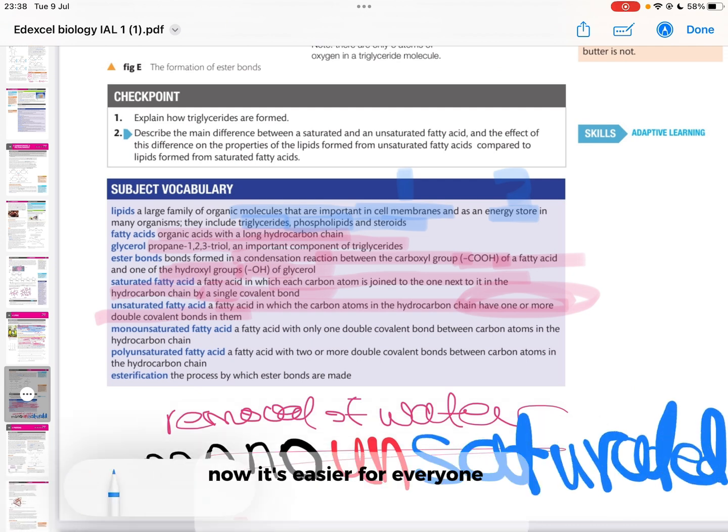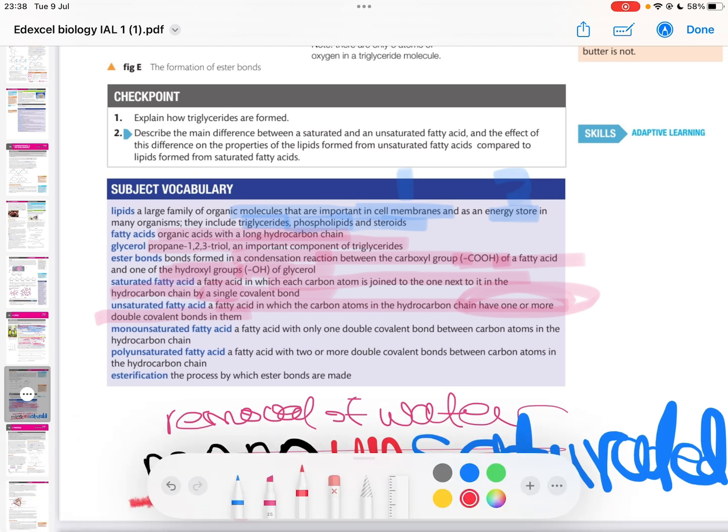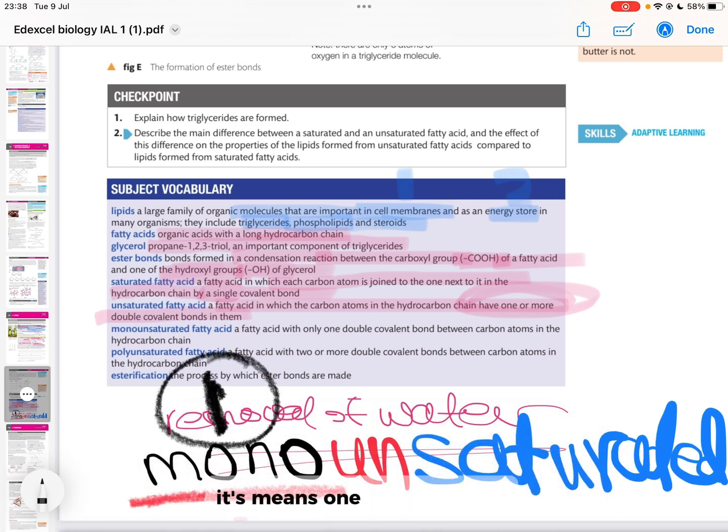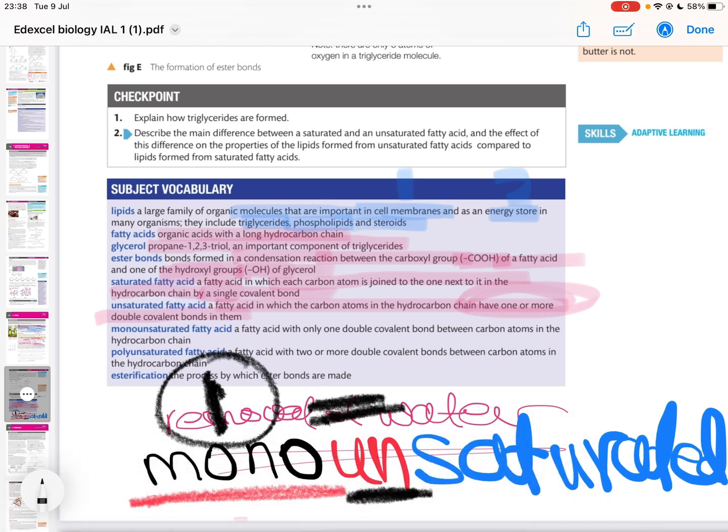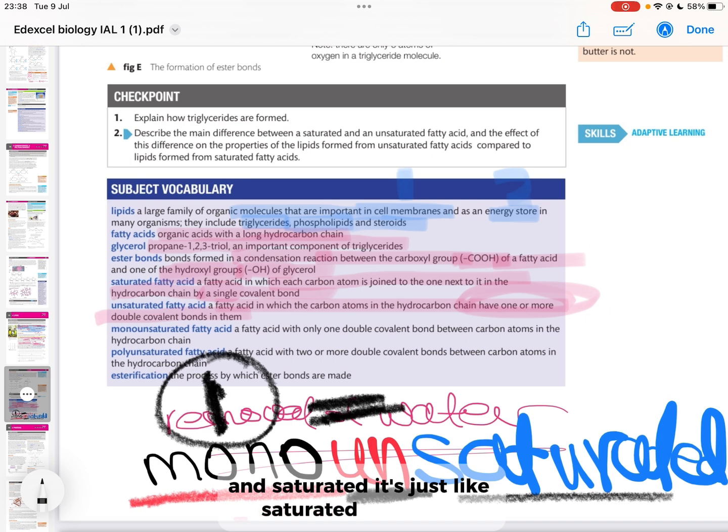Now it's easier for everyone to know it. Mono, as we discussed earlier, means one. Un means one or more double bonds. And saturated is just like saturated, you know.